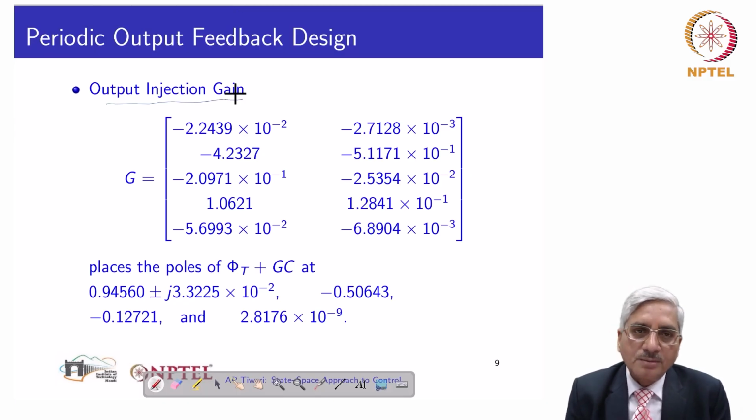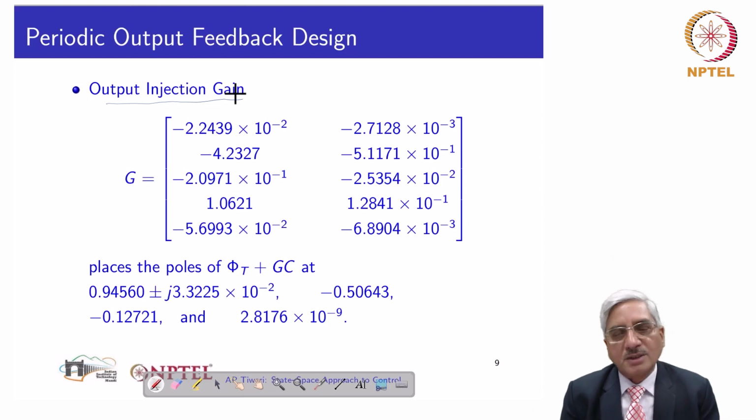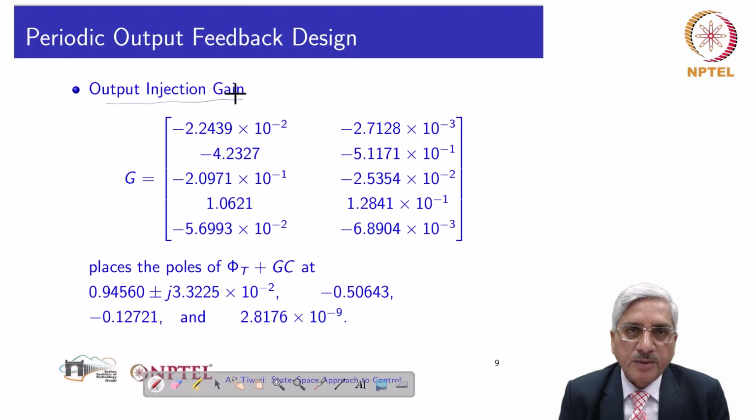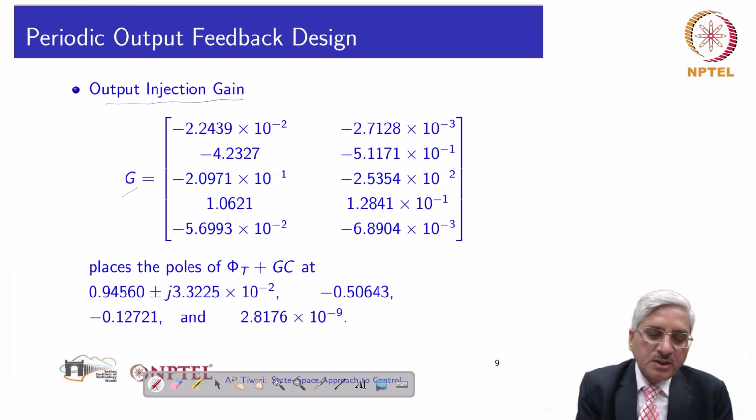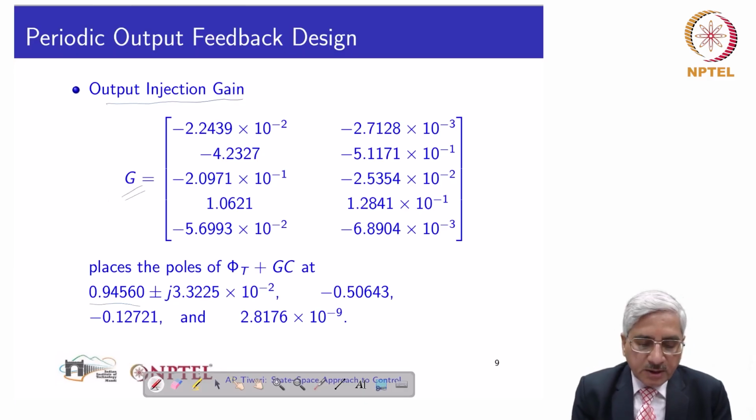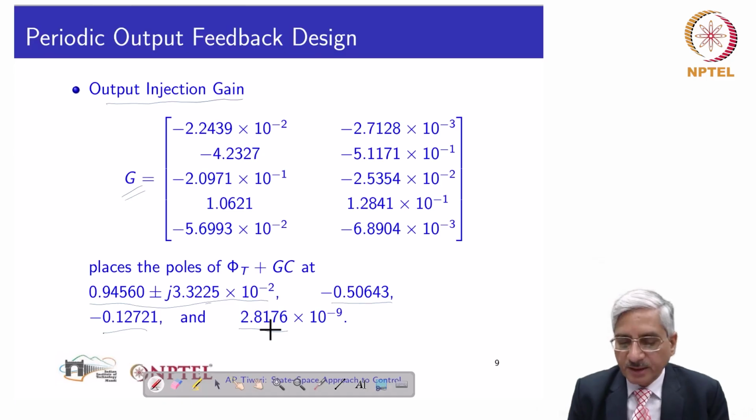This can be obtained by any of the control design methods, either pole placement or LQR. Here we consider pole placement, and we obtain G to have these pole locations: one at -0.5, one at -0.12, and one almost at the origin of the Z plane. These are in the Z plane.